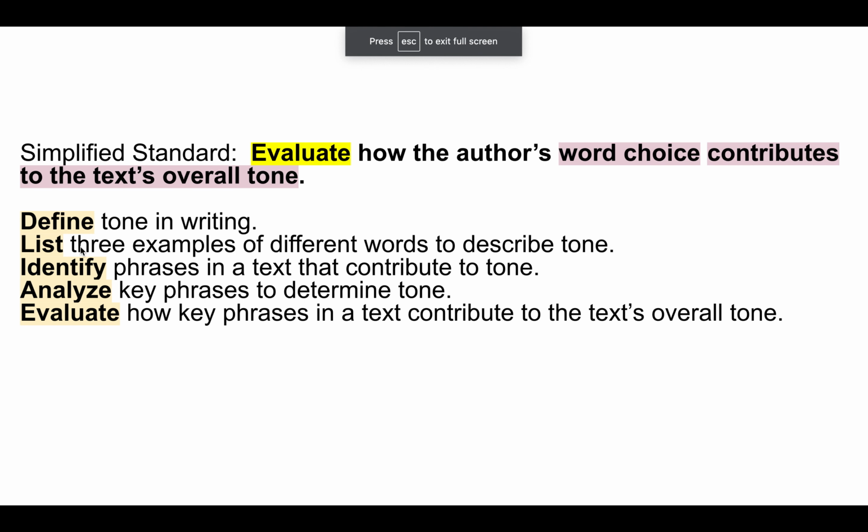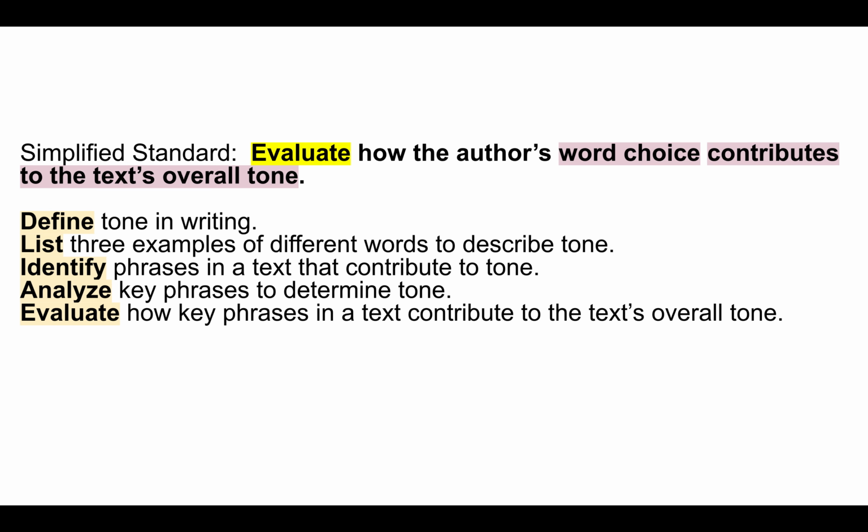I also want them to know some verbs we can use, or some adjectives, we can use to describe tone. Oh, this author seems angry about the topic they're talking about. This author seems enthusiastic about the topic or passionate, right? So I want them to have some of those words available. So list 3 examples of different words to describe tone.